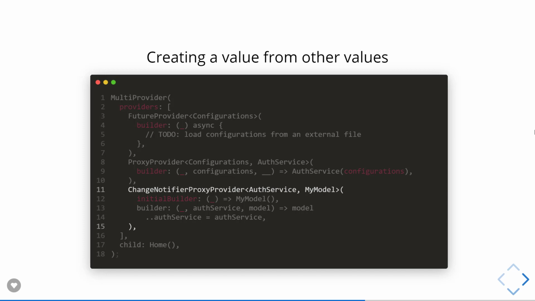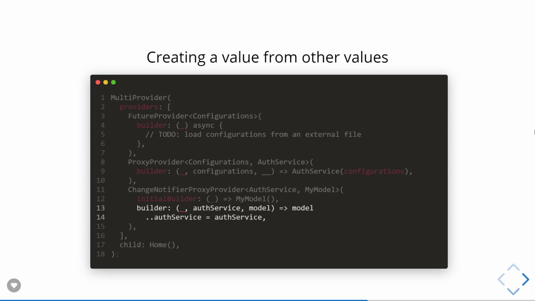But there's a little twist with the previous one. It takes two different builder functions. The first one is a function that is called the first time that the provider is inserted in the widget tree. It will create the variable, the initial variable. And then we have our second function that is the same as the one we used previously, that will receive our authentication service that we consumed, and the variable that we created earlier in our initial builder function.